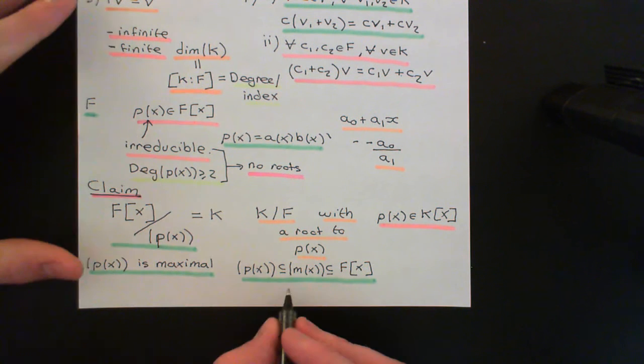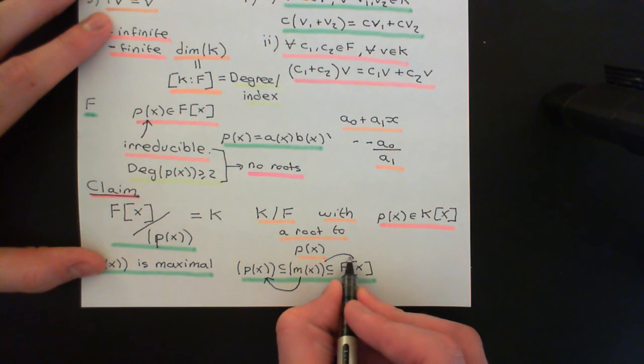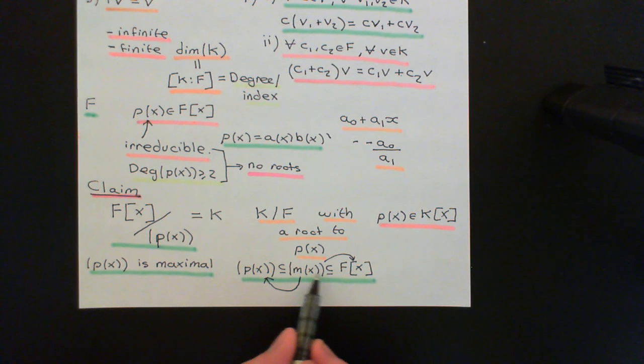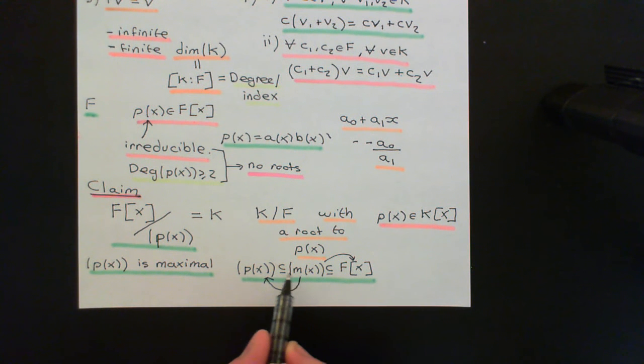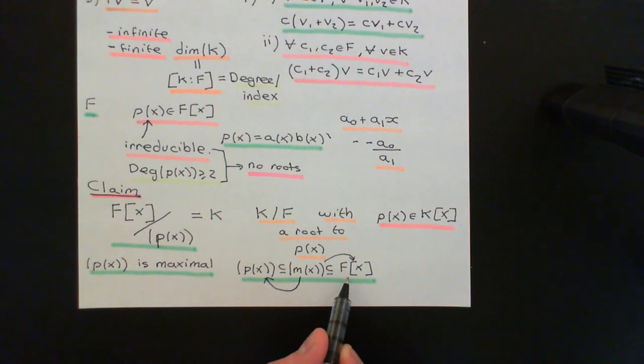So we're going to show that either it is equal to the ideal generated by p of x here, or it's equal to this unit ideal here, the entire ring. It doesn't properly contain the principal ideal generated by p of x, or it's not properly contained within the ring of polynomials over the field capital F. So it's not properly in between the two.